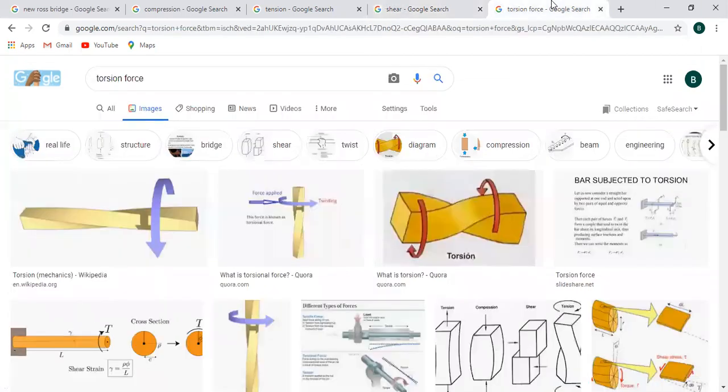The last one we're going to look at is twisting or torsion. That's basically where you're catching something, we'll say, with your two hands. You're twisting your two hands in opposite directions, and that's putting it into a torsion force. So you can see an example here, and again an example here.